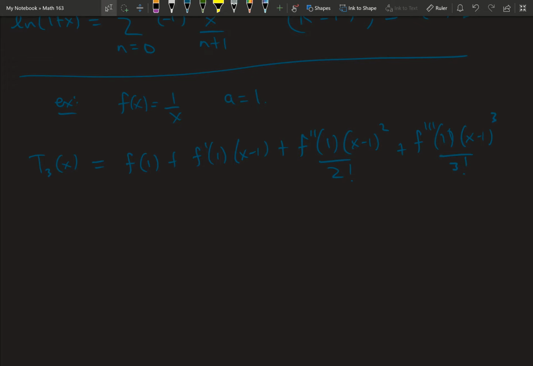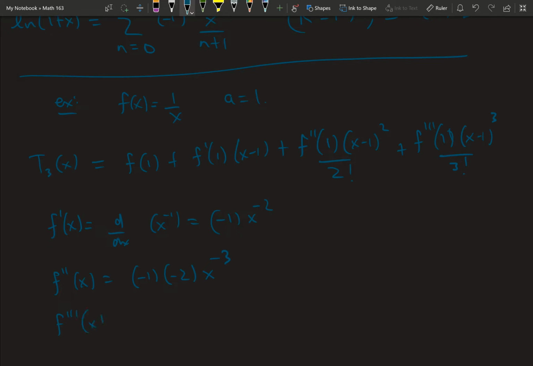So, well, let's just compute these. First of all, let's compute some derivatives. So this is d by dx of x to the minus 1. So this is minus 1 x to the minus 2. F double prime is the derivative of that. So we get minus 1 times minus 2 x to the minus 3.